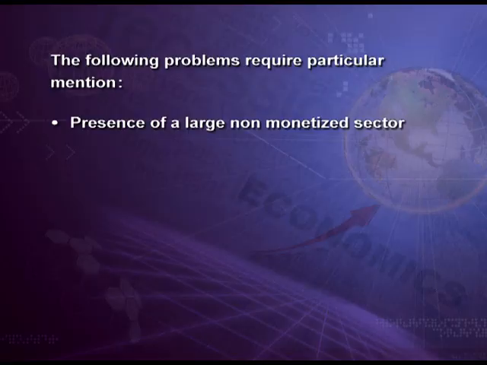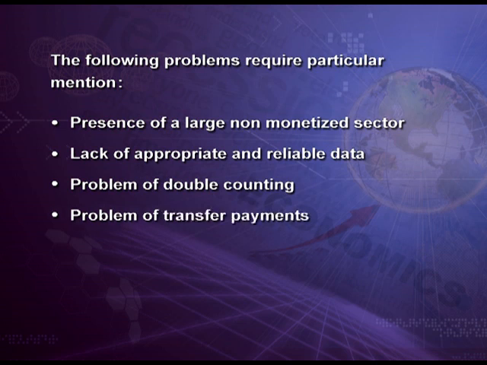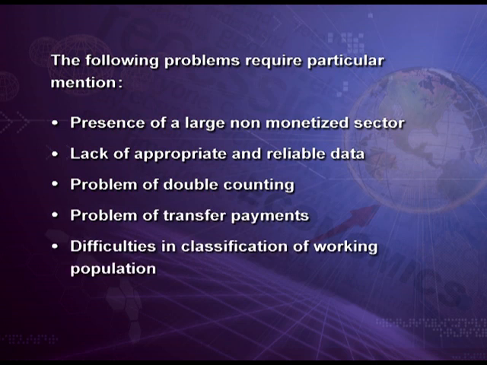The following problems also require particular mention: presence of a large non-monetized sector, lack of appropriate and reliable data, problem of double counting, problem of transfer payments, difficulties in classification of working population, and unreported illegal income.